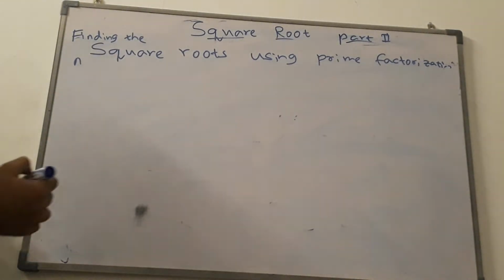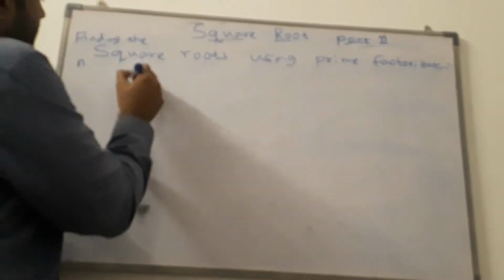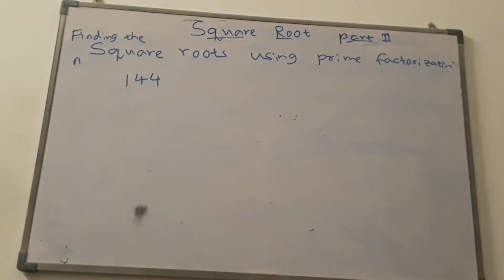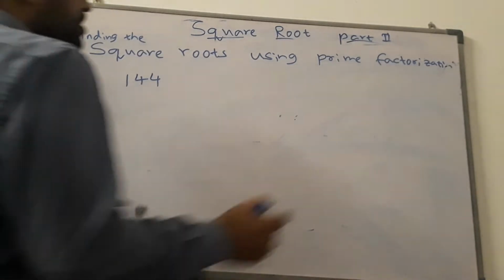Okay, suppose a sum like this: 144. Now I am going to factorize 144.